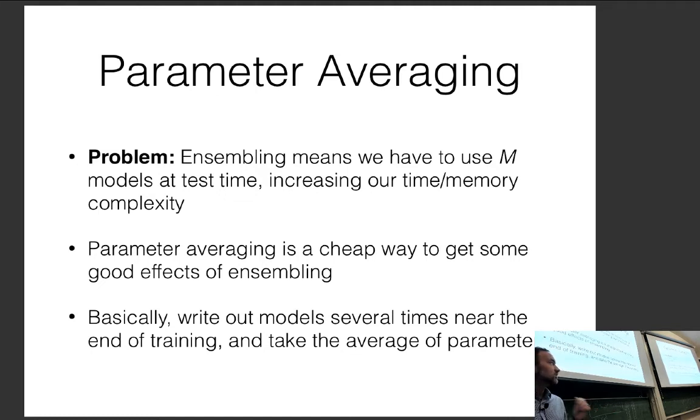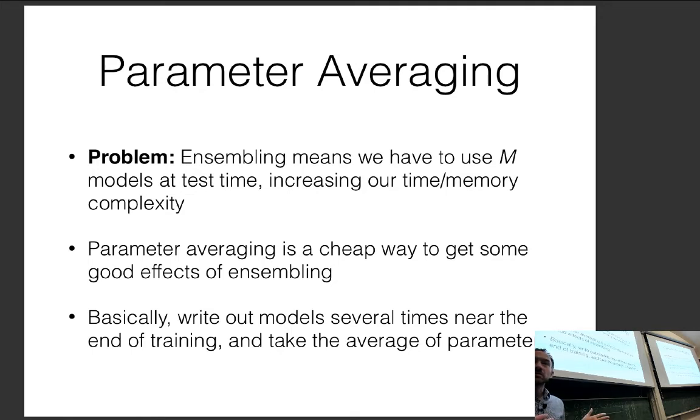And when you do this, each of those models is going to be different, right? But they're all from the same training run, so they're very similar in a way. Like maybe each of the hidden nodes in your LSTM will still mean the same thing. They won't be randomly shuffled where node number 21 means the length of the sentence in one model and node number 51 means the length of the sentence in another model. So because these models are different but very similar, you can just average their parameters together and use the model with average parameters from, say, the last 5 checkpoints in training, and use this to make your predictions.